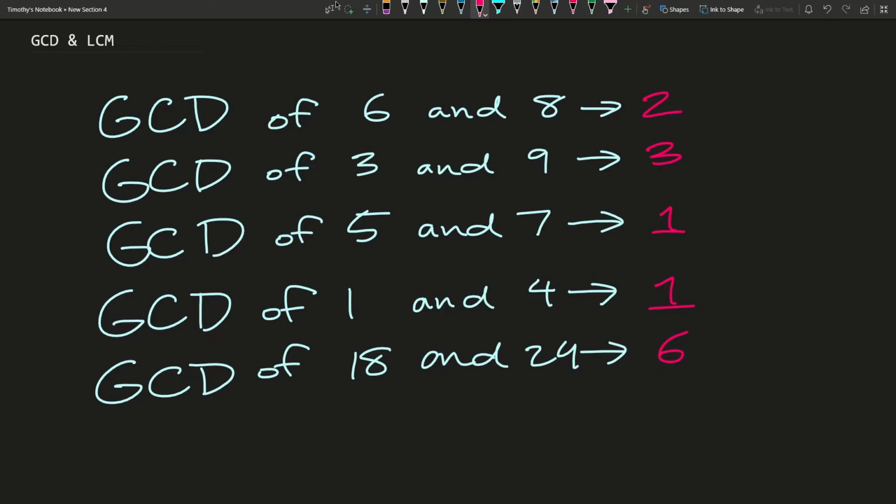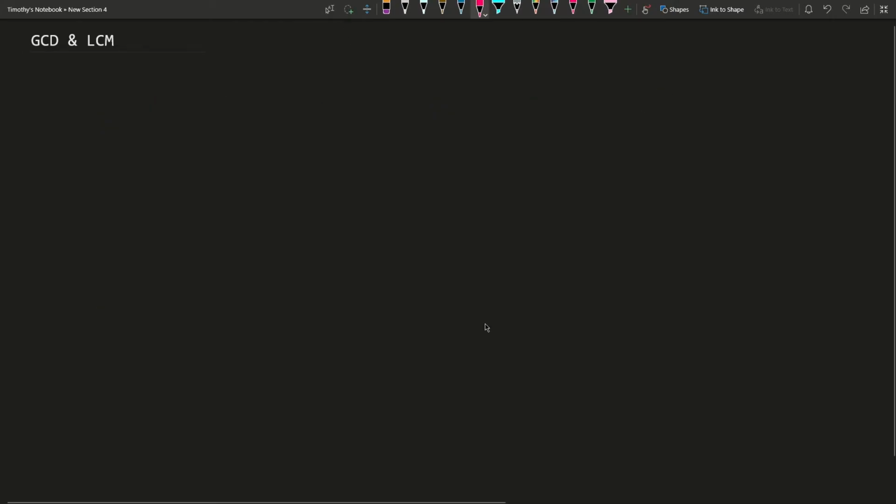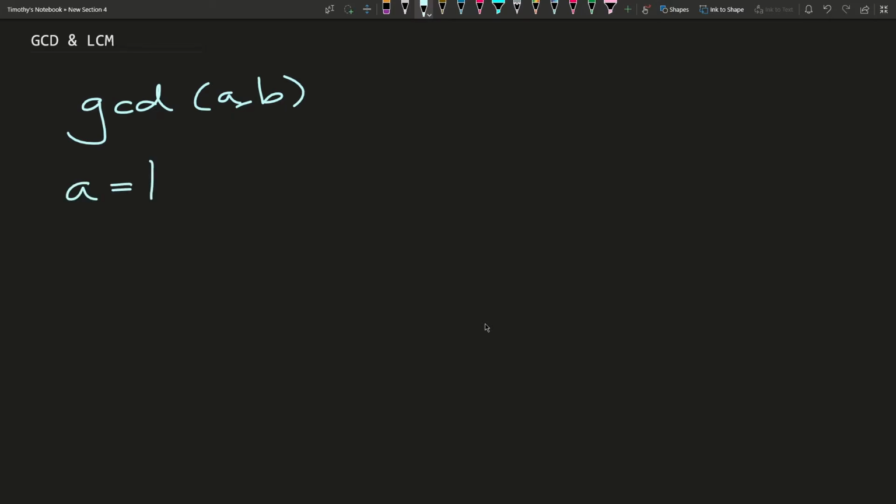Okay, so why exactly does this work? Let's look at exactly why this works. For this algorithm, we know that we're trying to look for the GCD of A and B. And what we can say is that A is equal to BQ, some number Q, plus some remainder R. You're going to try to put as many B's into A, and then you have some left over, which is your R. R can be equal to 0 or up to B minus 1.